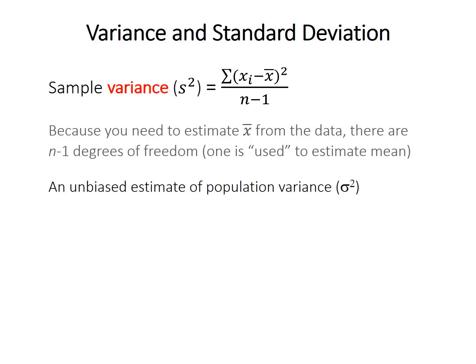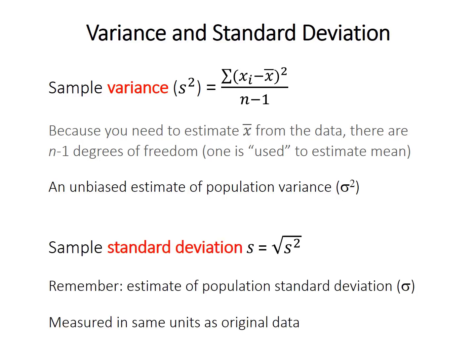And so for that reason, if we want to describe the dispersion when we're writing a sentence or in a table in a paper, it's more common to report the standard deviation S. The sample standard deviation is S, so it's just the square root of the sample variance. And this has the same units as the original data. If our data are sizes, our standard deviation will be in millimeters, or whatever unit we measured.